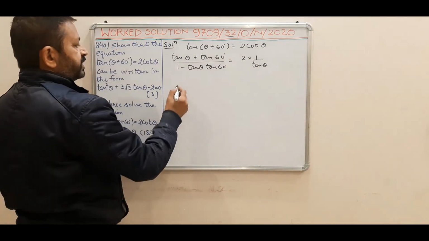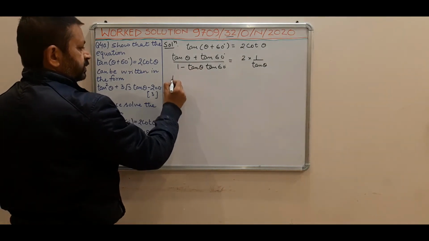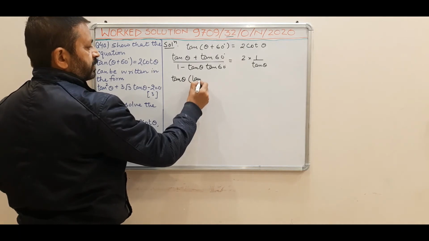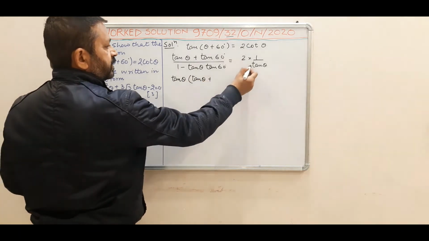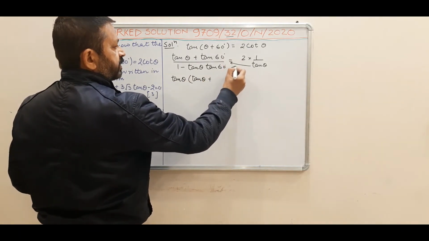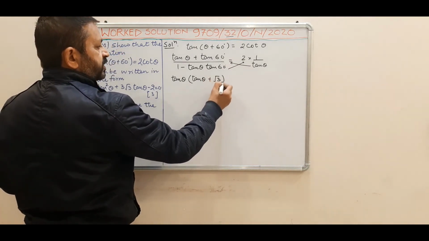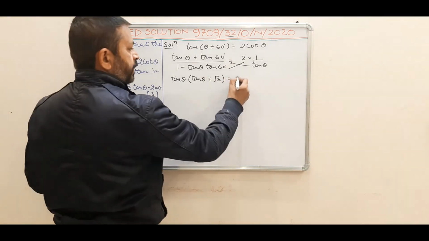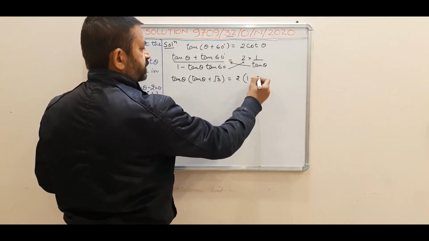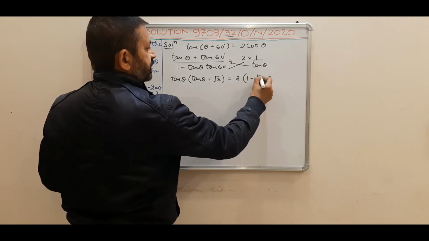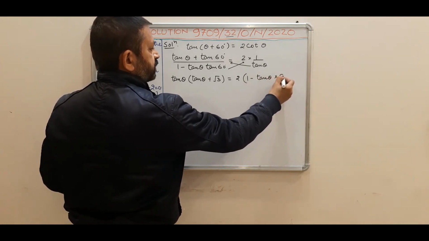Tan 60 degree is under root 3. So we'll cross multiply. Tan theta will multiply here, it will go this side, and tan 60 is replaced by root 3. It is 2 into 1 minus tan theta, and tan 60 is under root 3.